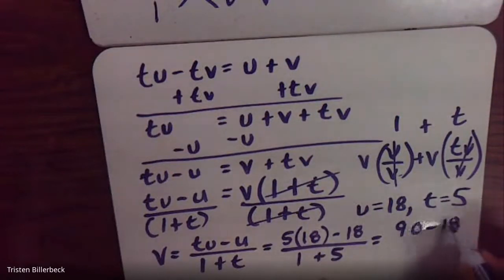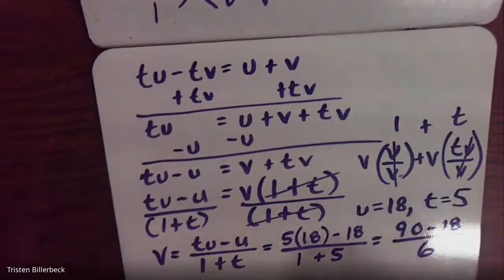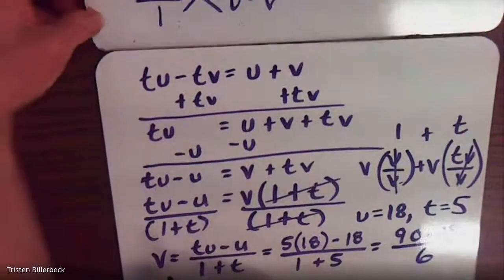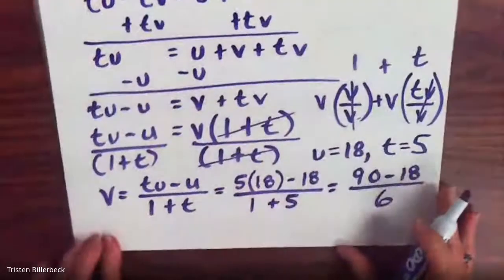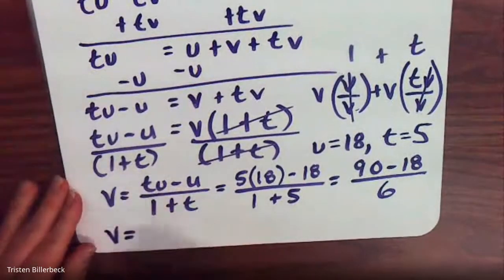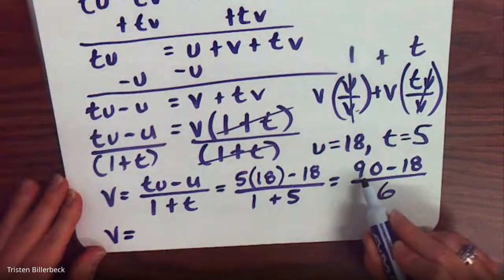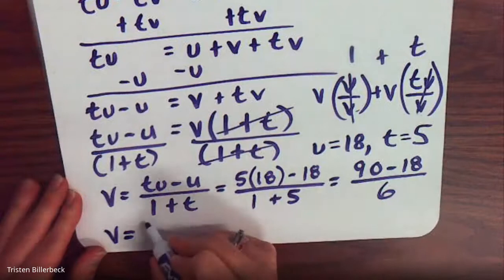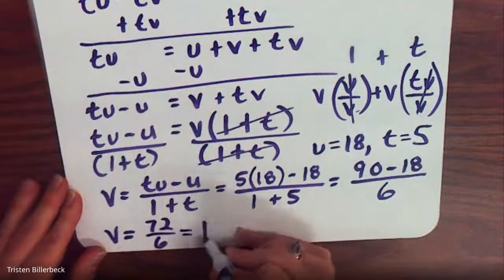Minus 18 over 6. So now when we subtract that, V equals, if I subtract 10 from 90, that's 80, and 8 from 80, that gives me 72 over 6, and that's 12.